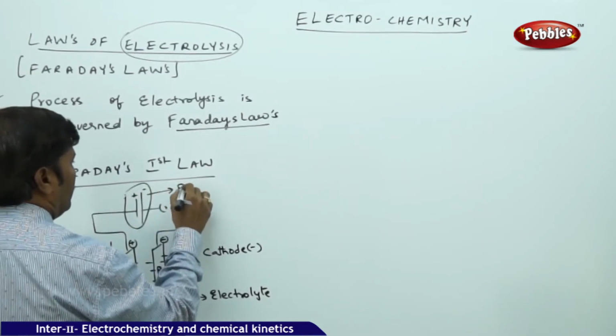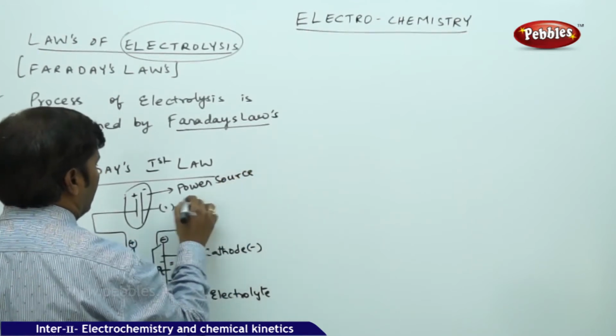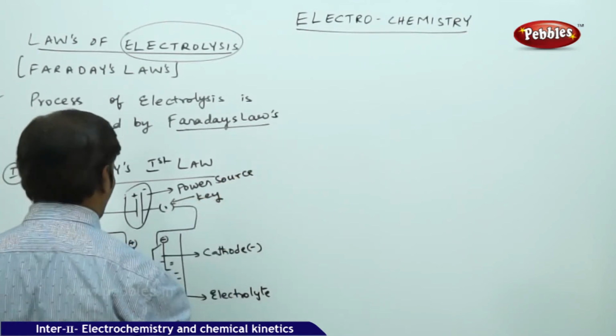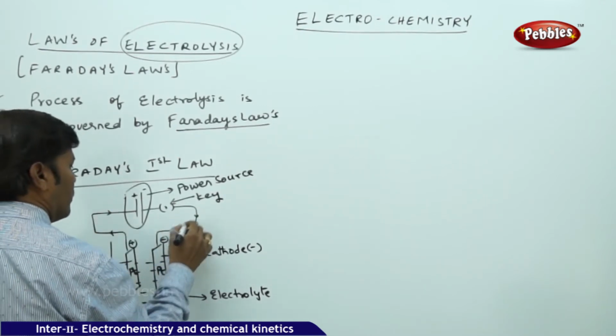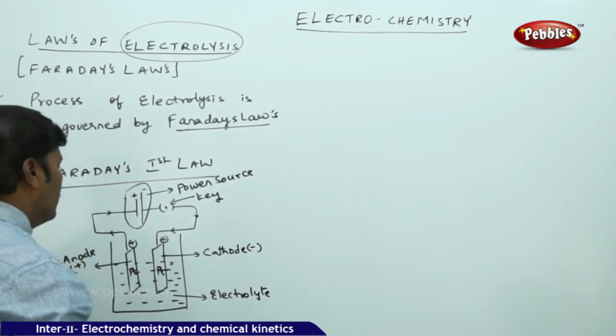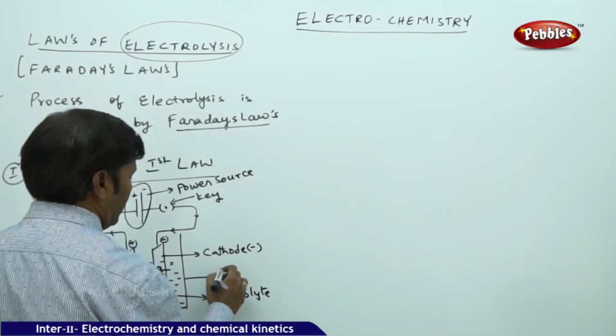This is the power source, that is the battery, and this is the key. So the current flows from the anode to the cathode. This is the flow of current.